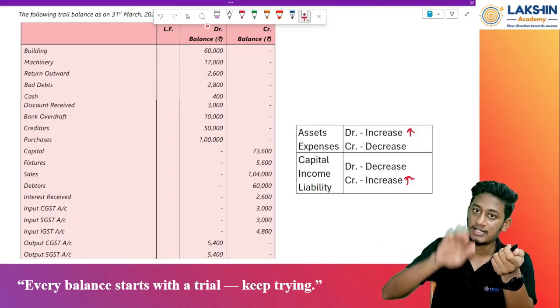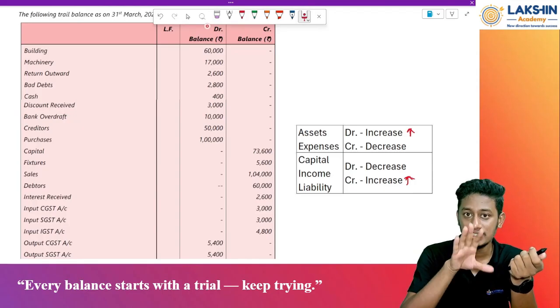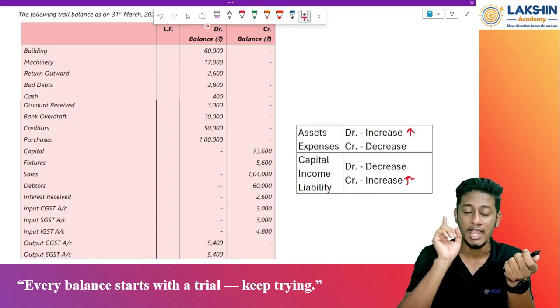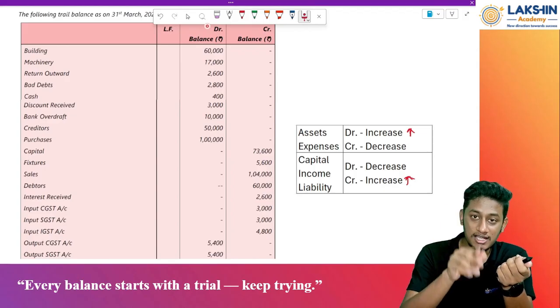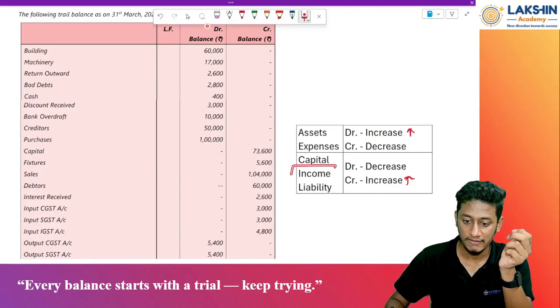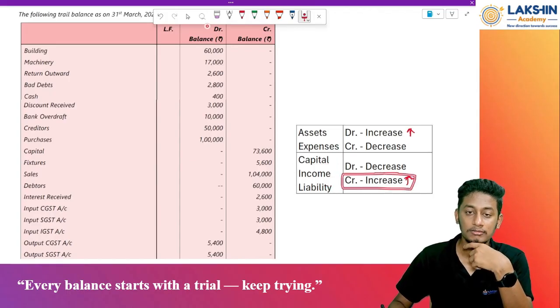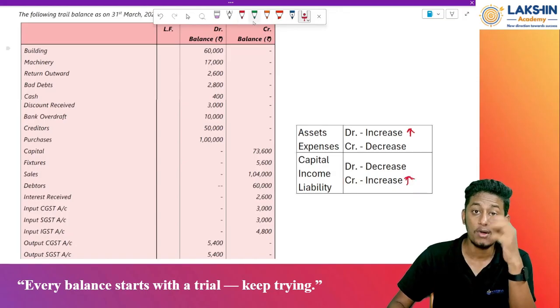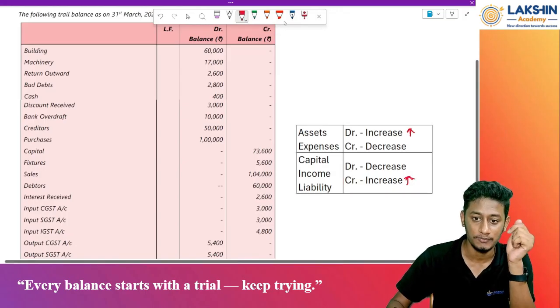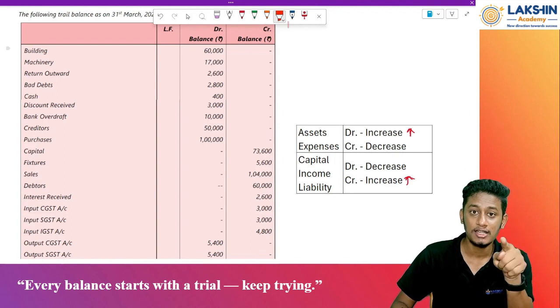Can I take reduction in expenses as income, for the purpose of trial balance only? Yes, I will take it as an income, and incomes will have a credit balance. So incomes will have what kind of a balance? It will have a credit balance. So therefore, returns outward is showing me a debit balance. Instead, which balance should it have?